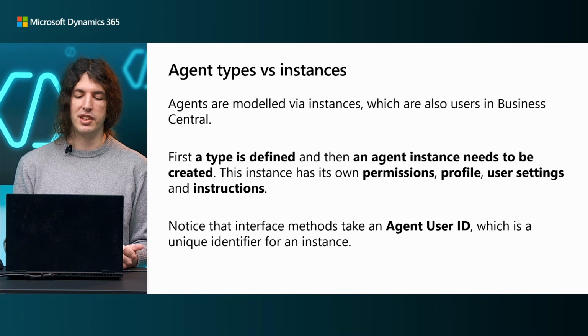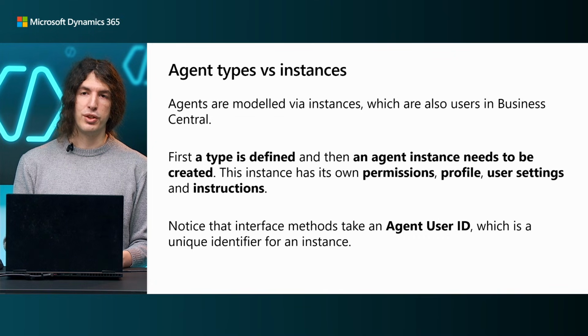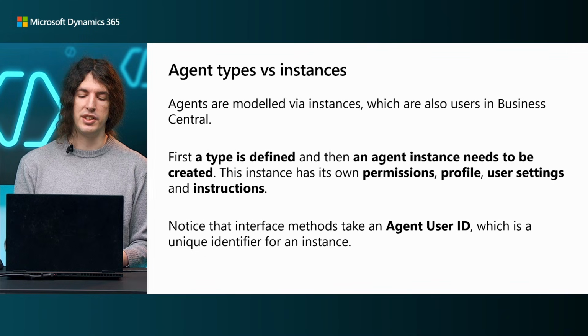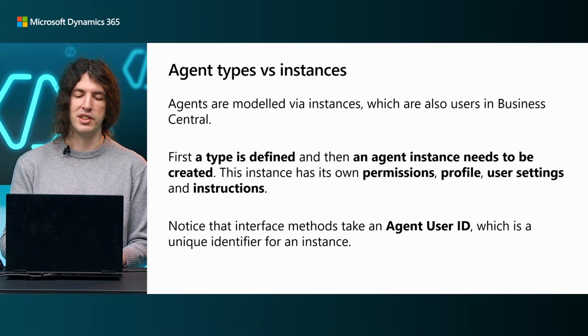These instances keep their own versions of the permissions, of the profile, the user settings, and the instructions. You can also notice in the previous interfaces that we showed that there is an agent user ID as part of the method signatures, so you can define these interfaces to behave differently based on the instance that they are targeting.